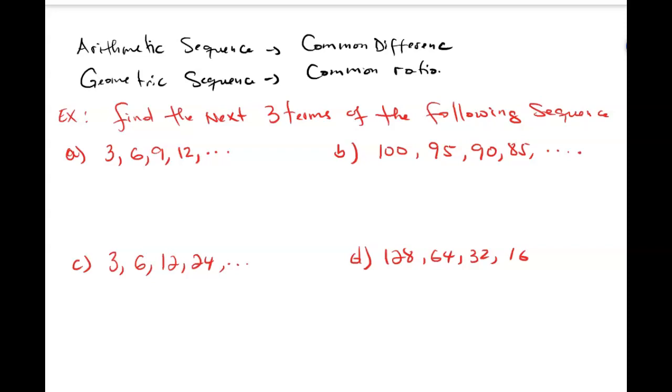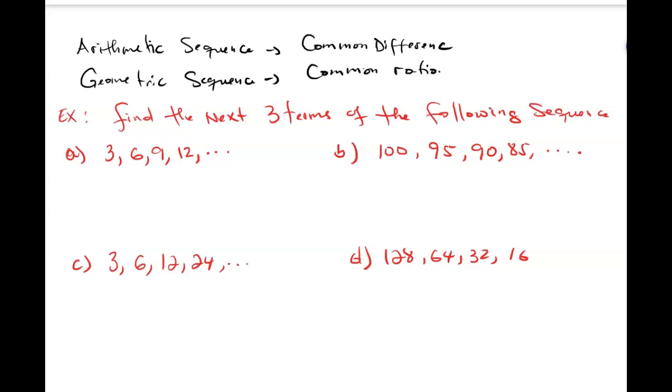So what do we do? We need to find the next three terms of the following sequences. So let's start with A. Again, the first thing we need to know is to identify if we're dealing with an arithmetic sequence or a geometric sequence. How do we do that? Take the first two terms or any two consecutive terms and find the difference between them, which means we've got to find what the common difference is.